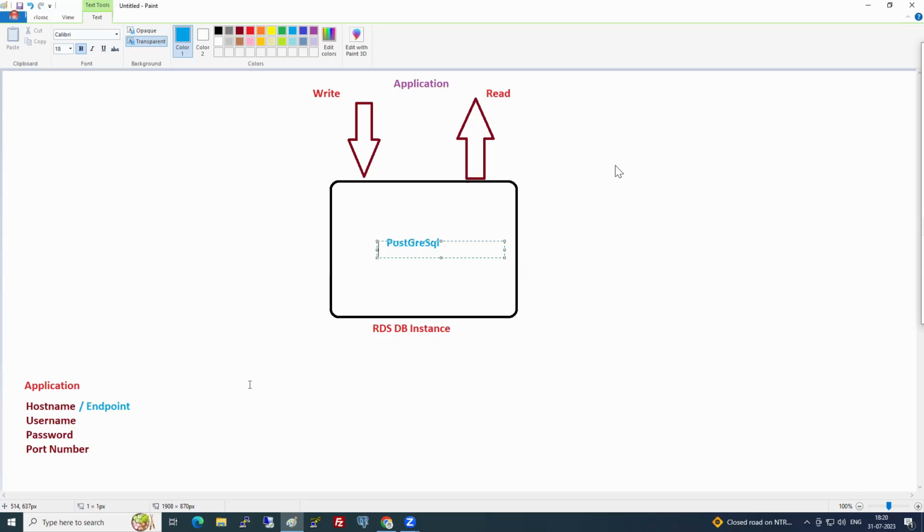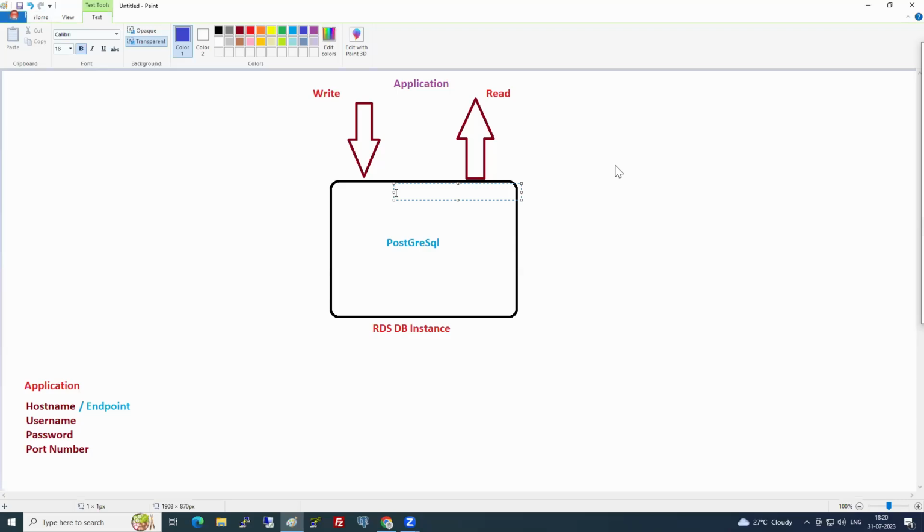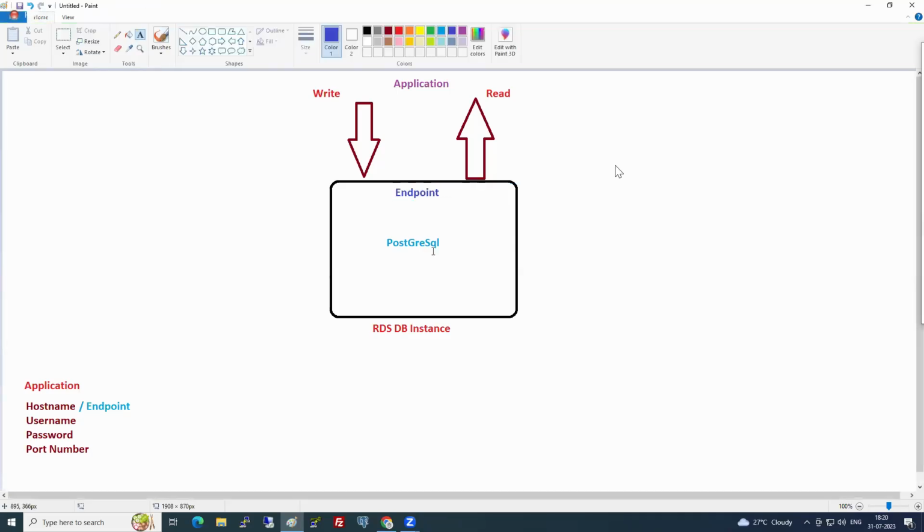So remember, what is that host name called here? Endpoint. Do you all agree that every DB instance will have an endpoint to connect? Your application will be connected to whom? To the endpoint.